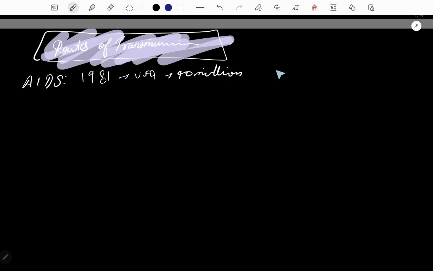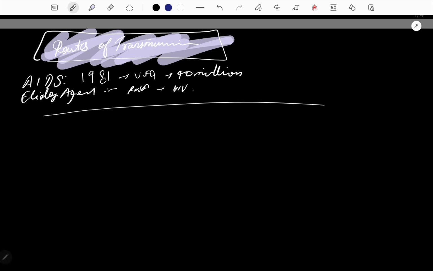It is caused by an RNA virus, a retrovirus called HIV. There are four members of human retroviruses in two groups. So this was just the summary of AIDS.